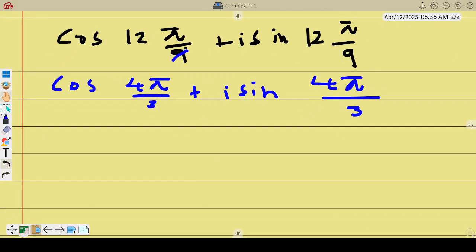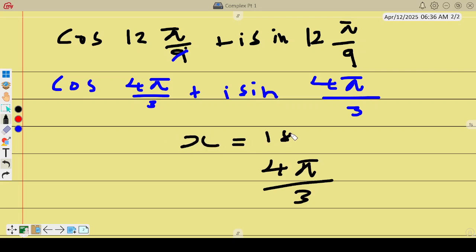Here the job would now be just to convert 4 pi over 3. I hope you remember how to convert. This was trigonometry lesson 1.